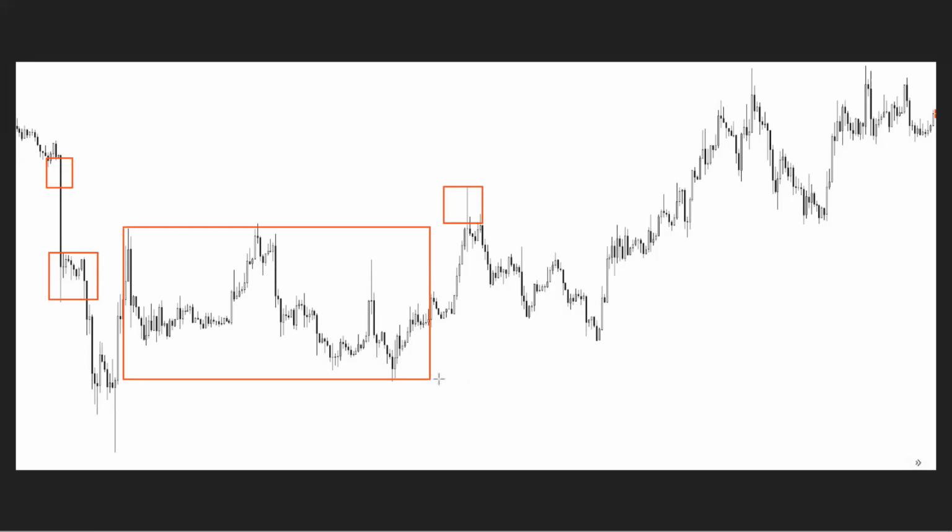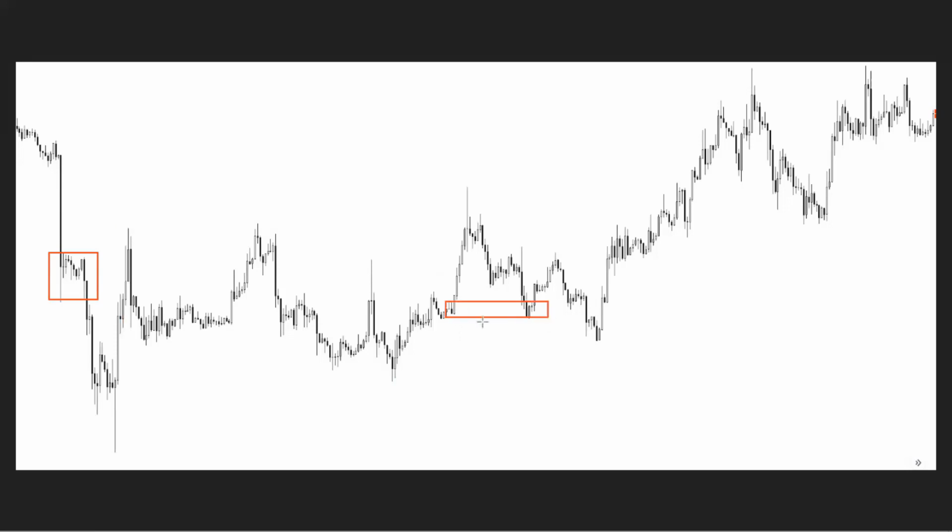So this whole structure is the FTR. Within the FTR, again, you're just looking for these untested pockets of liquidity. You can see here that never got tested. Those are the areas at which you should be looking to trade. Again, looking to run price up into this area here.